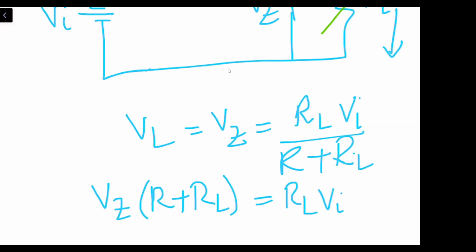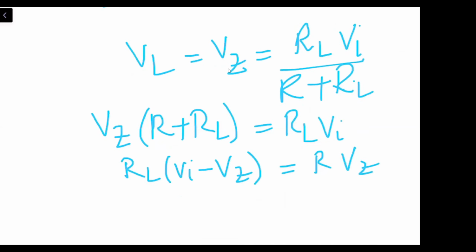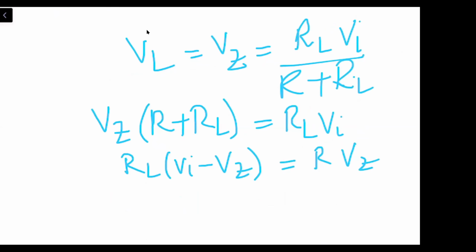And similarly, if I want to take RL on one side, RL will be equal to RL, or I can write VI minus VZ is equal to R into VZ. Are you with me?